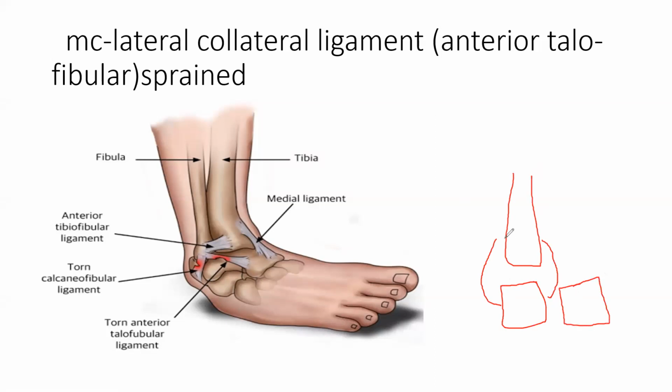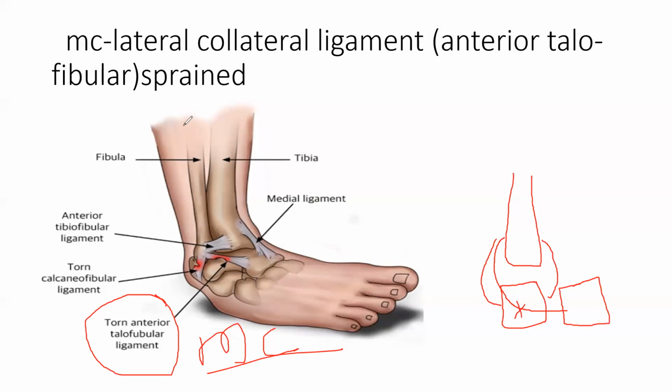So now it's inverted, this ligament would be stretched and obviously it will break. So in inversion injury, the lateral side is mostly ruptured. The anterior talofibular is the most common ligament injury. In inversion injury, the lateral collateral would be damaged, and in the lateral collateral, the anterior talofibular is the most common ligament to get injured.